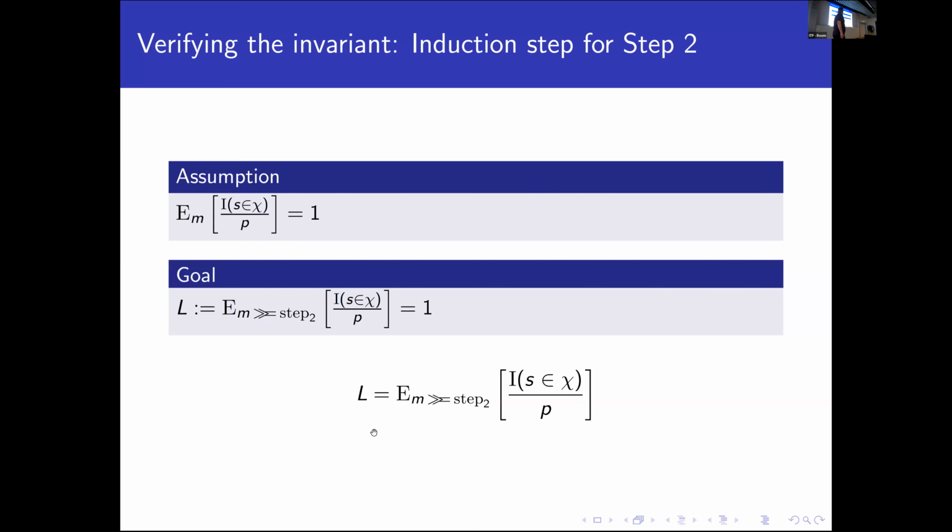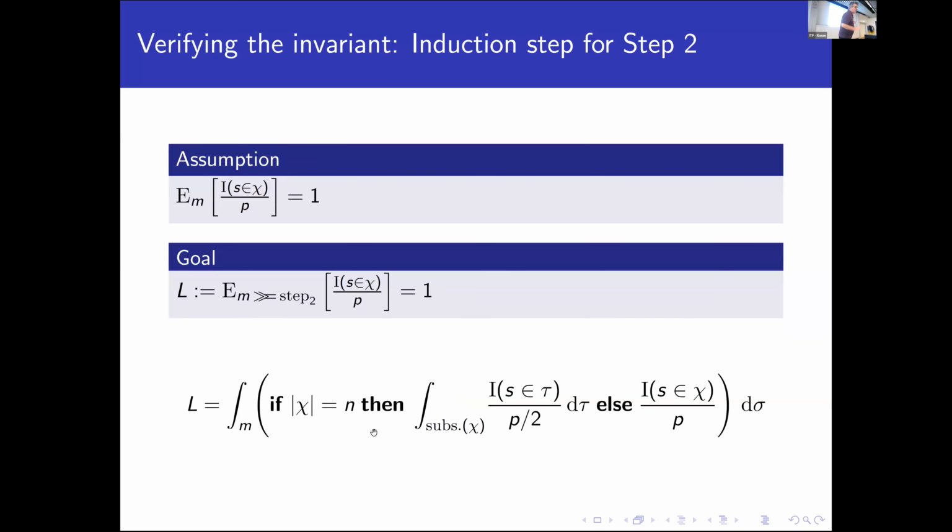So we're going to have to get from here to here, right? When we are applying step 2 of the algorithm, we want to show that this is still true. This is just an abbreviation, but let's have the term here. And then what I'm going to do is expand step 2.